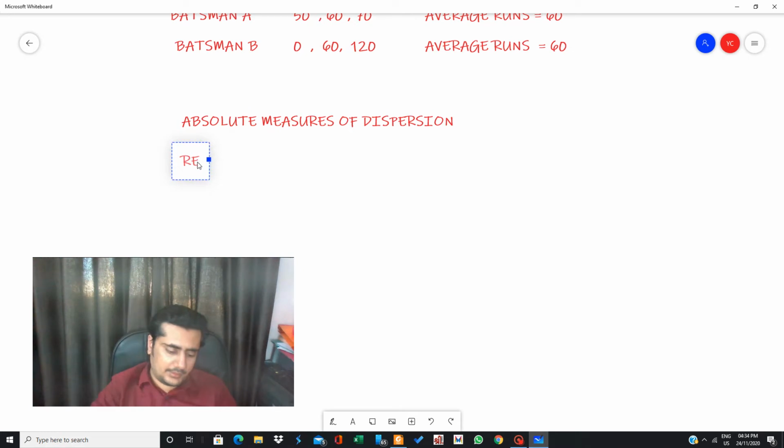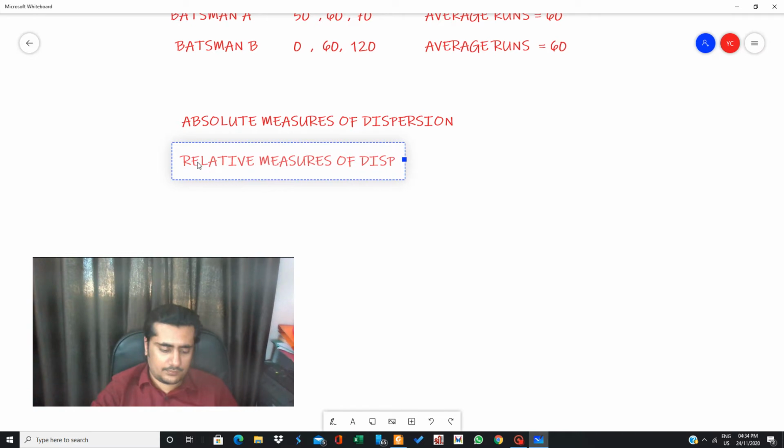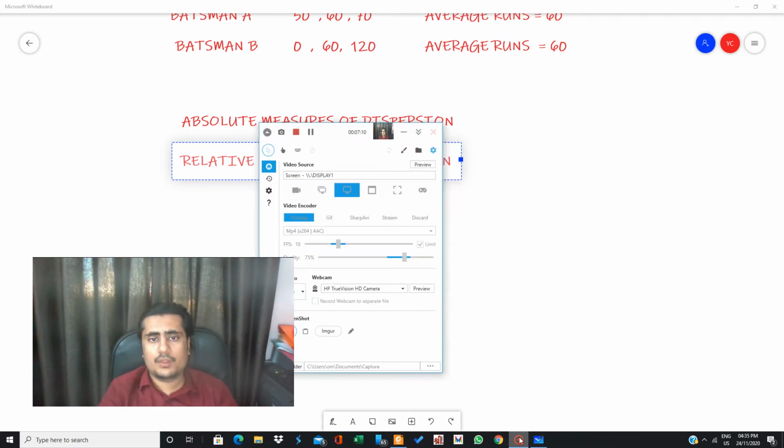Another is relative measures of dispersion. Now see.